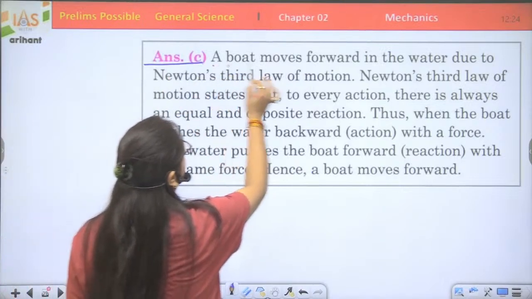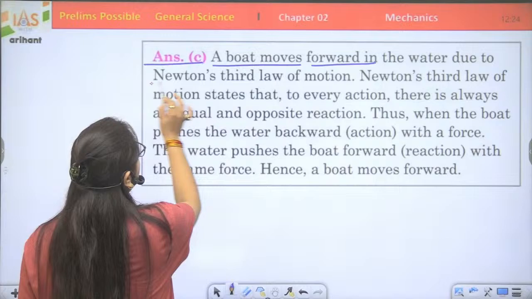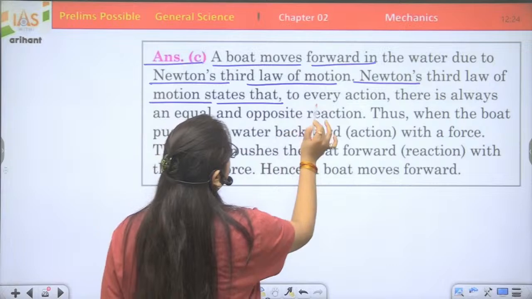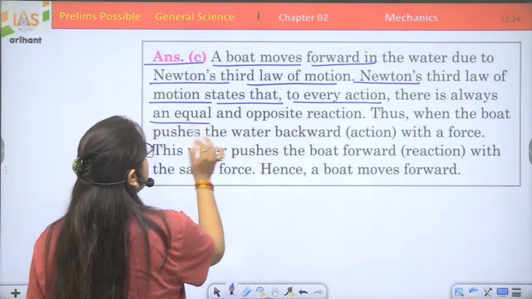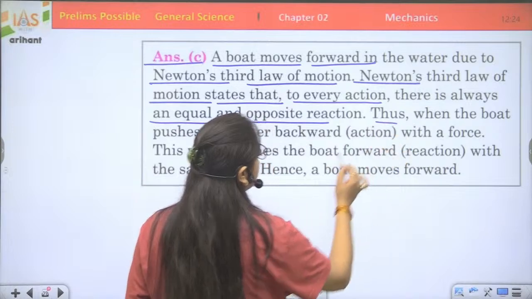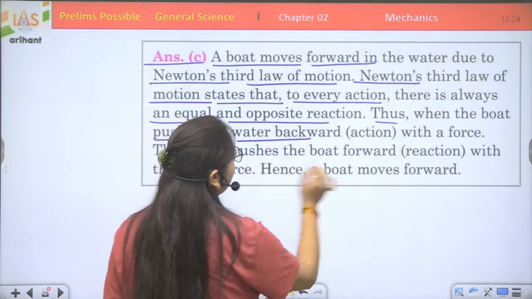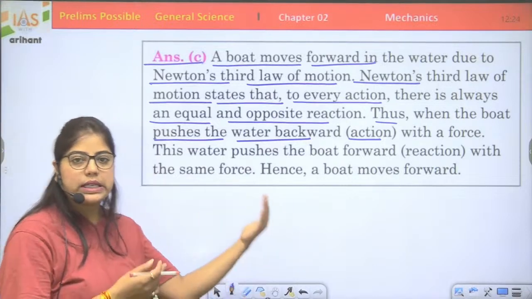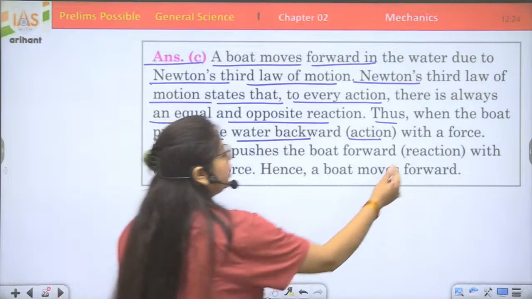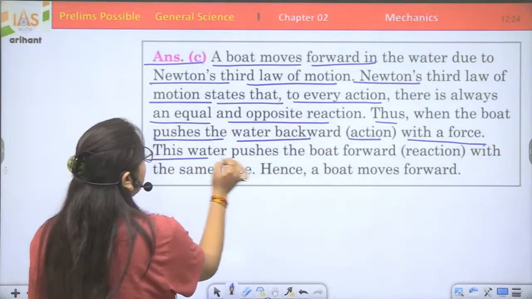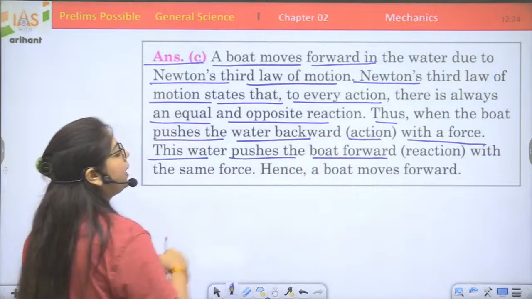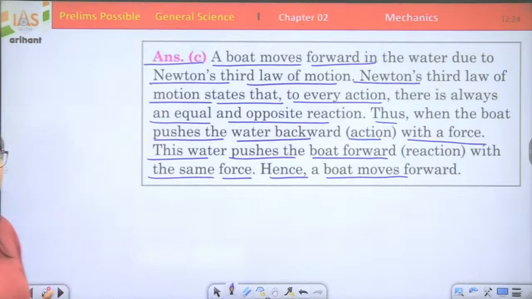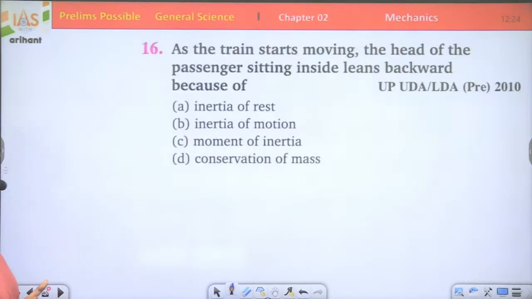Answer C. A boat moves forward in the water due to Newton's third law of motion, which states that to every action there is always an equal and opposite reaction. When the boat pushes the water backward, this is the action, and what will be its reaction? With a force, the water pushes the boat forward with the same force, hence the boat moves forward. This is the right explanation of question number 15.